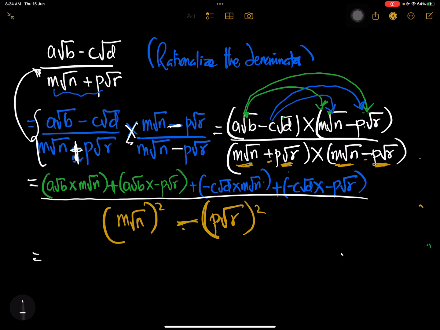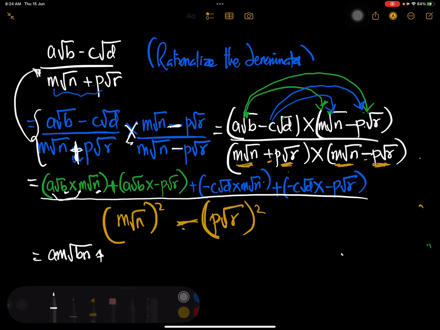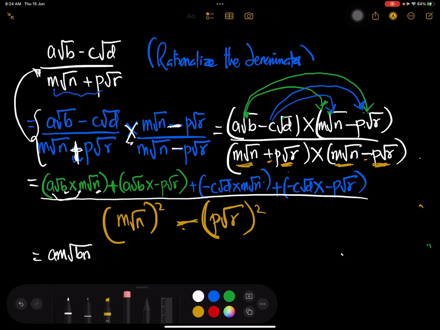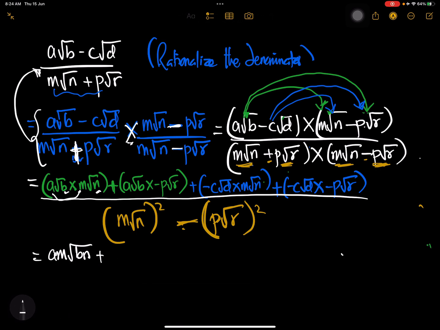Now, going back to the numerator, we are going to get am. You can see this and this will multiply. Again, am square root of what? This and this will multiply: square root of bn, plus, we have our plus sign there. Plus, this and this is going to multiply.